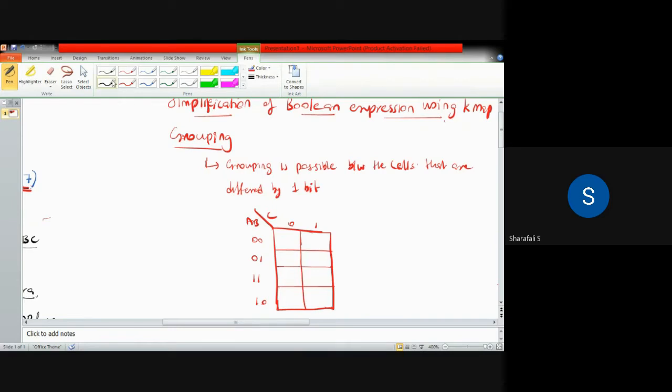Now let's consider we have the SOP form here, because we have considered products. So let's consider you have some ones here, somewhere here, and somewhere here.